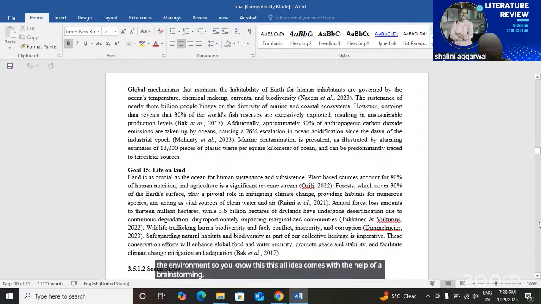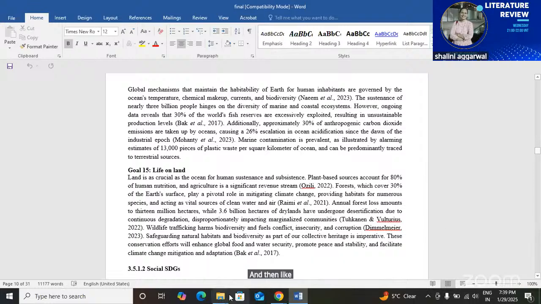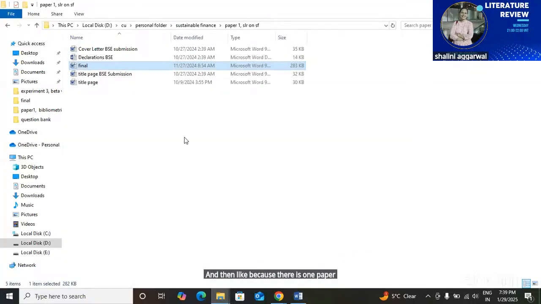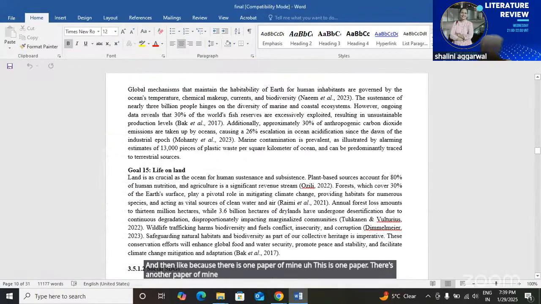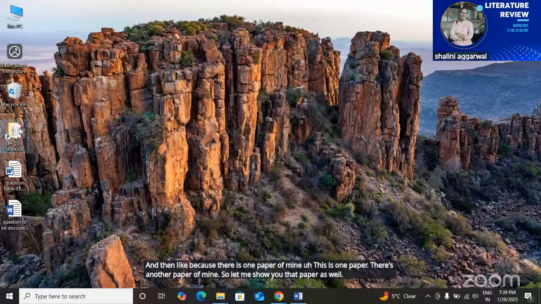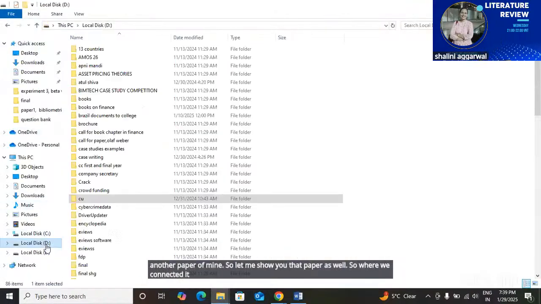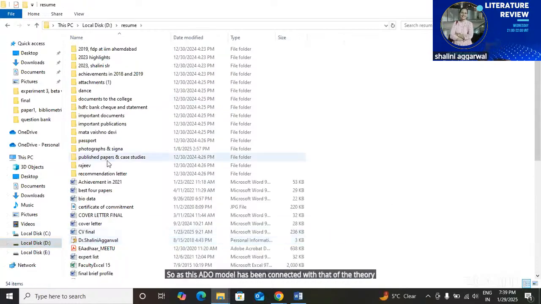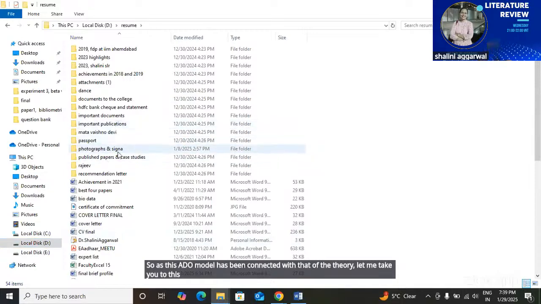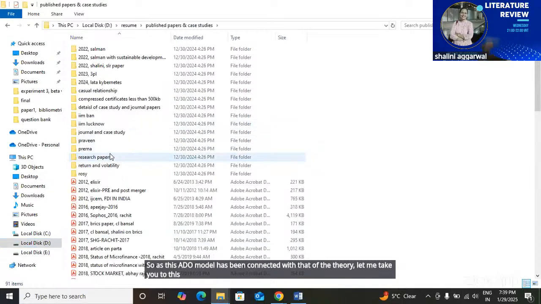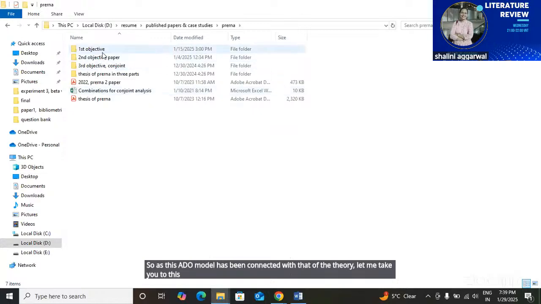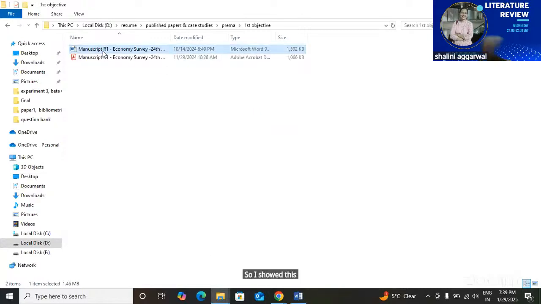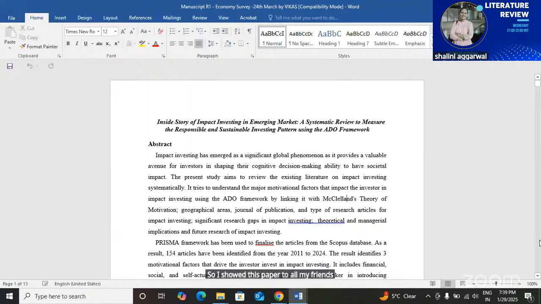And then there is another paper of mine, let me show you that paper as well, where we connected it with theory. This ADO model has been connected with a theory. I showed this paper to all my friends who were working on this.